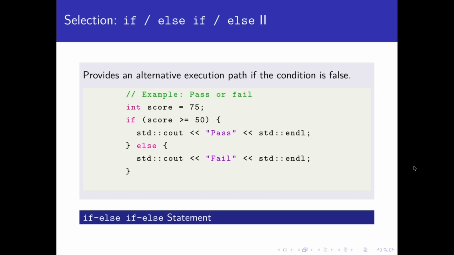Else, we should fail. The first condition will be executed, which means pass will be executed. But if the score is later changed to something like 27 or 45, then the else condition will be executed.